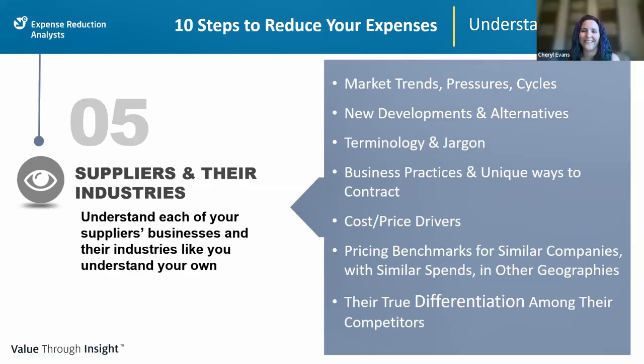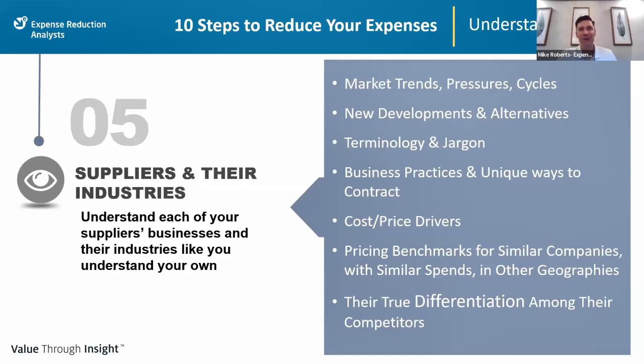Right. I agree. And the second to last bullet point here, I think, is really important: pricing benchmarks for similar companies. Because if you're just utilizing your current supplier and whatever their current price is, and you're able to negotiate it down by a few percentage points and you feel like you got a good deal, well, how do you know where you started as a pricing benchmark was the appropriate benchmark?